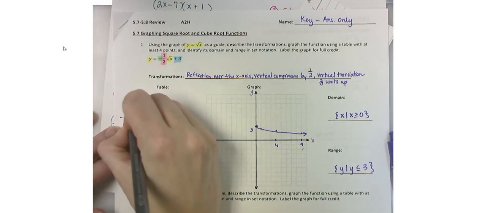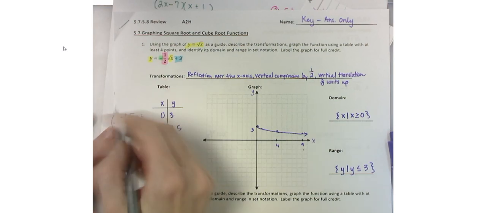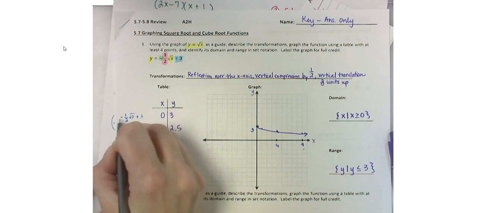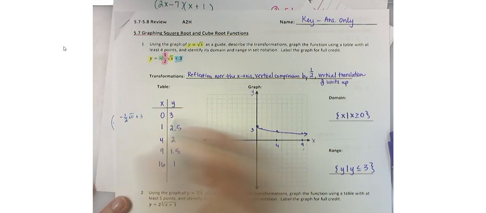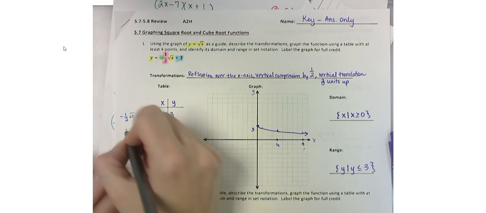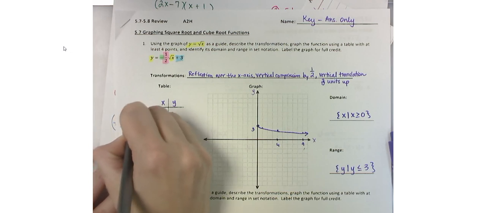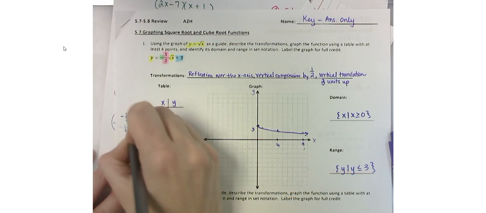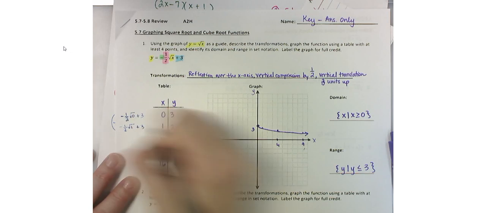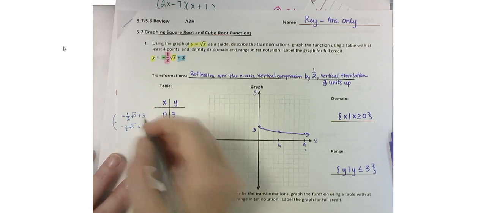Okay, so this would be 0 times negative 1/2. 0, 0 plus 3 is going to be 3. If you plug in 1, you have negative 1/2 times the square root of 1, which is 1, plus 3, so you get 2.5.